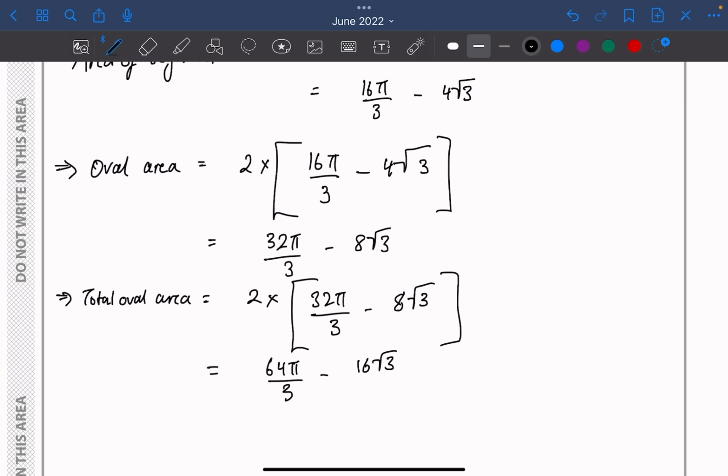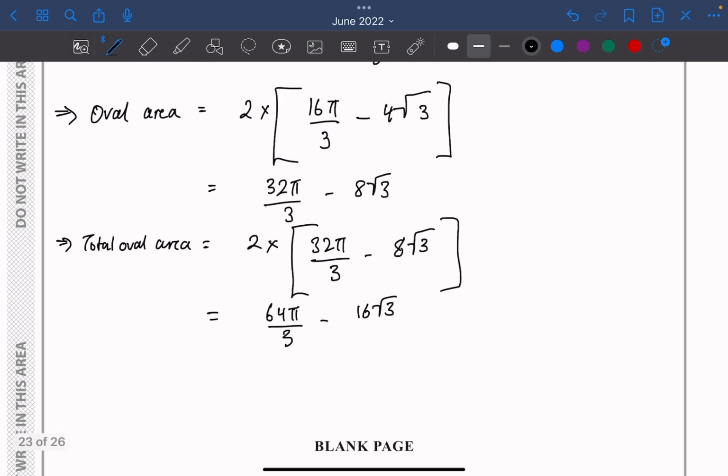Okay, so the area of the circle is pi r squared.